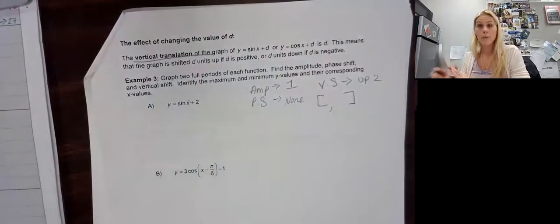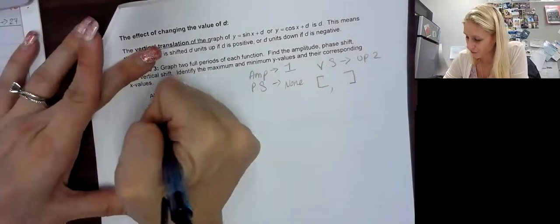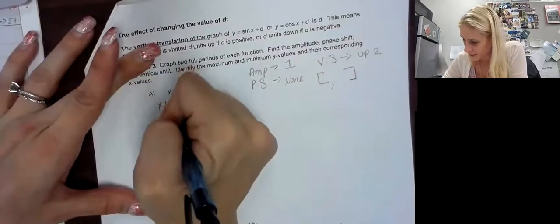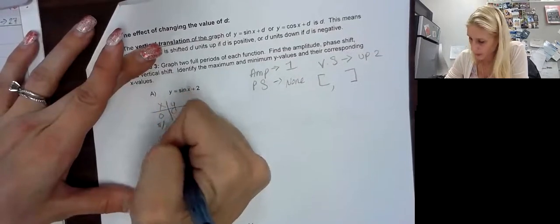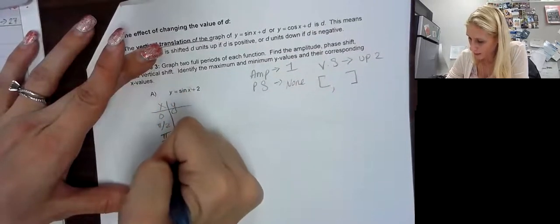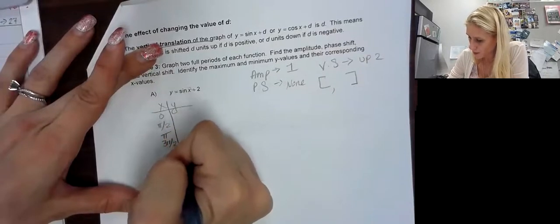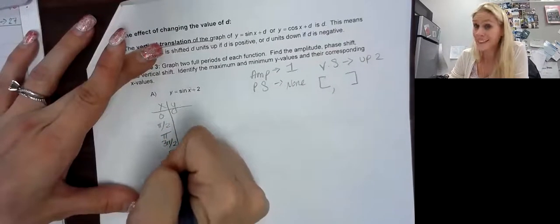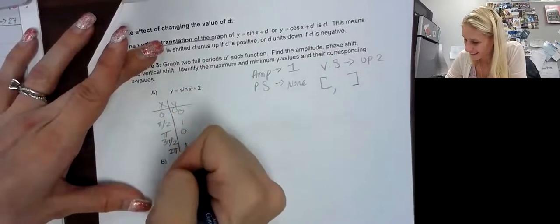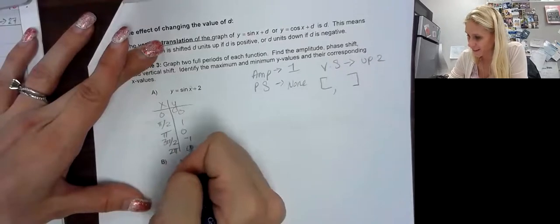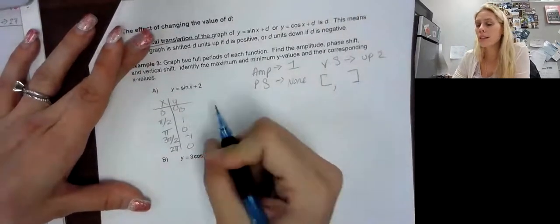Let's see if I can remember my parent function correctly. 0, pi over 2, pi, 3 pi over 2, 2 pi. Sine, so 0, 1, 0, negative 1, 0. Now, +2 is on the outside.